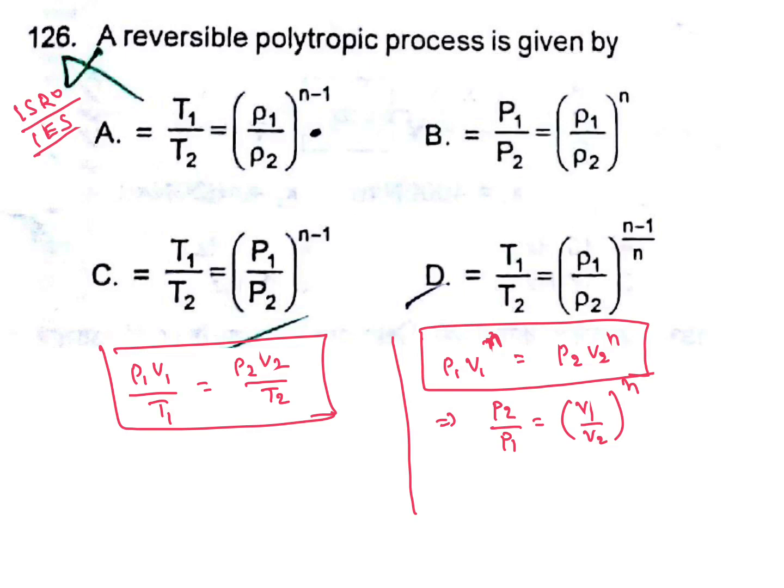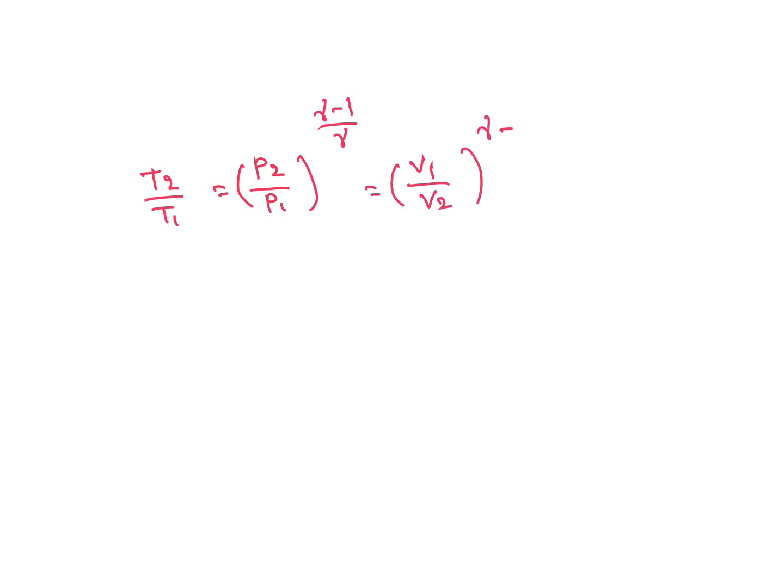If we solve these two equations, then finally we will get T2 by T1 equal to P2 by P1 whole to the power gamma minus 1 by gamma, equal to V1 by V2 whole to the power gamma minus 1, equal to rho 2 by rho 1 whole to the power gamma minus 1.